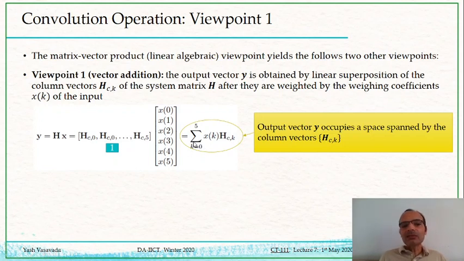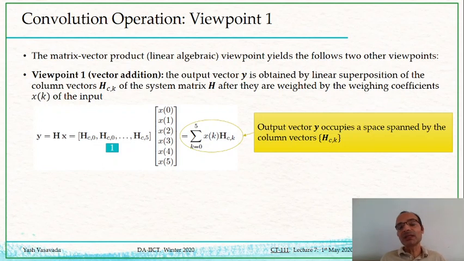And now when you do this type of matrix vector product, obviously y is nothing but HC of k multiplied by X of k, which shows that the output is obtained by taking HC0 and multiplying it by X of 0. This X of 0 is, remember, a scalar, so it either just stretches that vector or shortens it, but it can't change the direction.